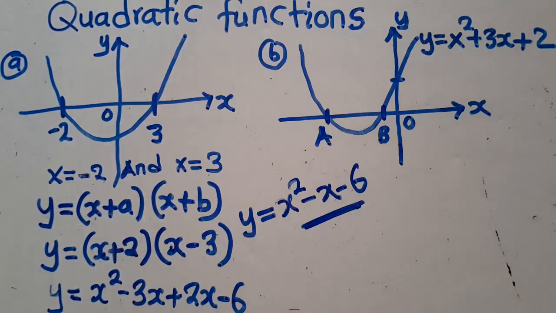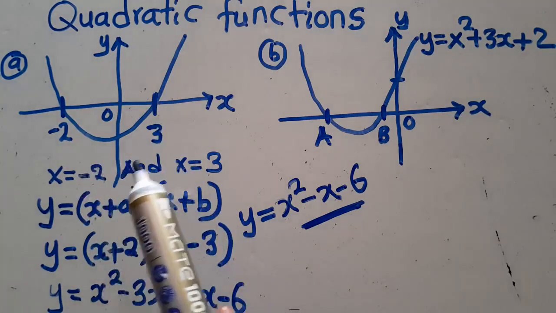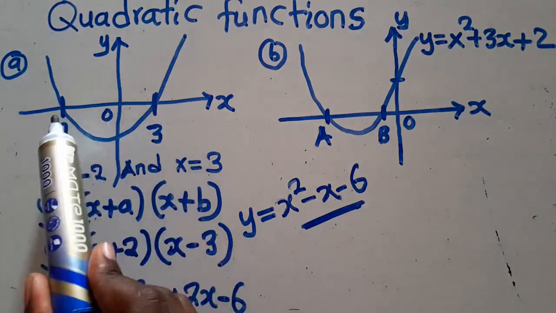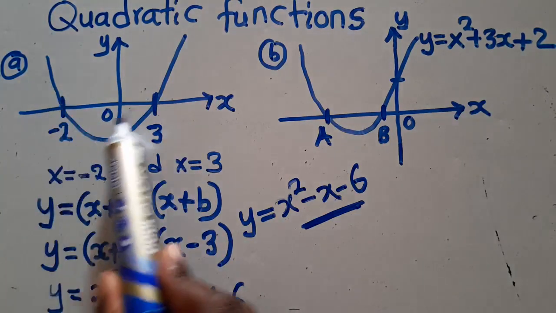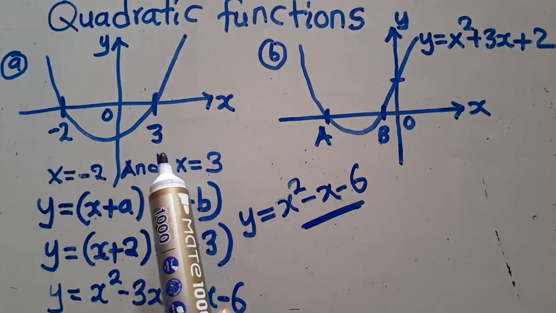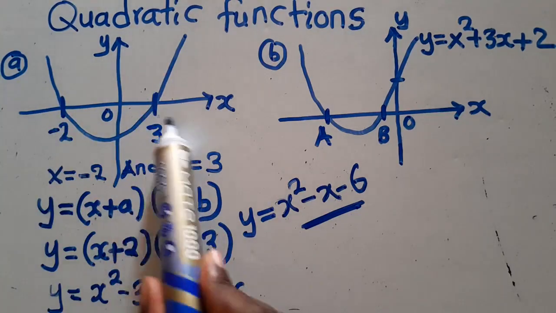So the moment you want to find the equation of the curve, the first thing you need to do is get the points where the curve given is cutting the x-axis. It was cutting the x-axis at x is equal to -2 and x is equal to 3.